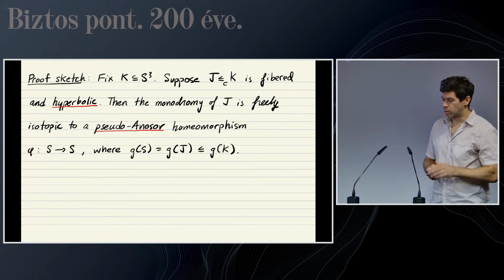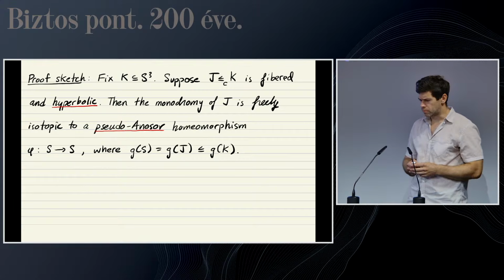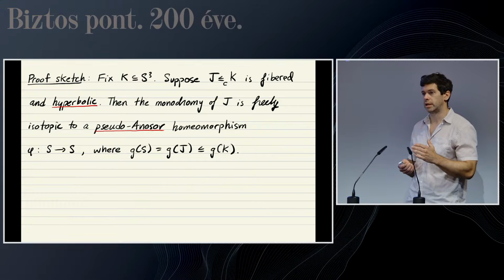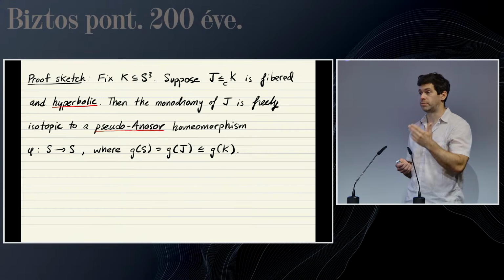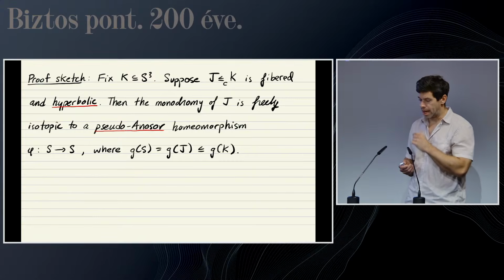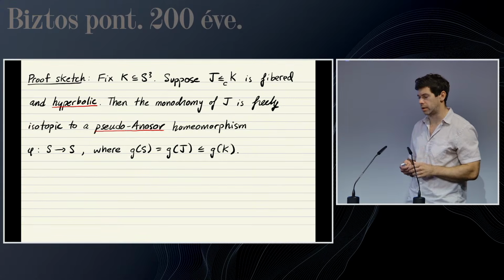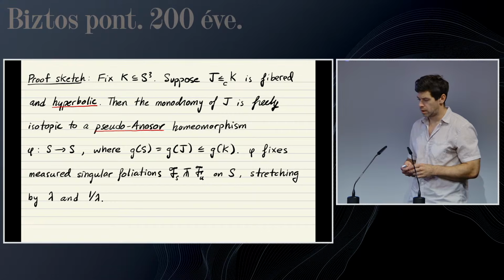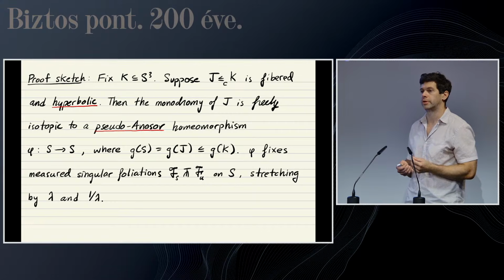All right. So what does it mean for a surface map to be pseudo-Anosov? If you know the Nielsen-Thurston classification, then it says that a surface homeomorphism is either freely isotopic to one that's periodic or reducible or pseudo-Anosov. But pseudo-Anosov maps can be characterized as well as those which fix a nice pair of foliations on the surface.